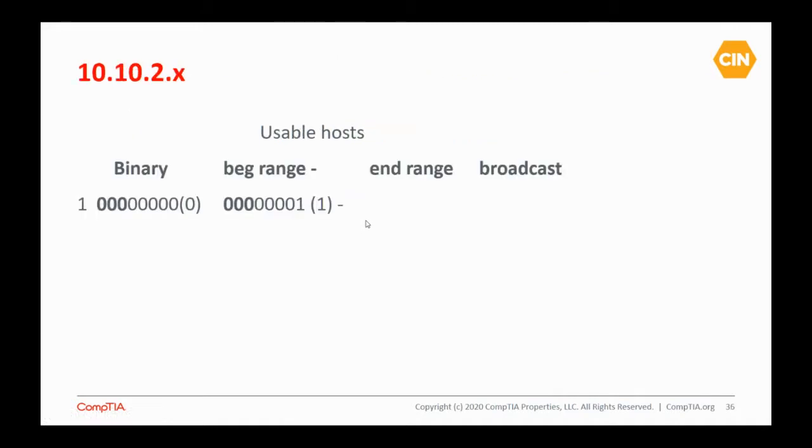So the first 3 bits is the network. So I bold those again in our illustrations here. And the unbolded portion is the host portion. So again, I'll build exactly like we did the other one. The network, or as I've got it labeled as binary, will be all zeros in the host portion. So that will be a 0 then for this first subnet, and that we're using the subnet 0.